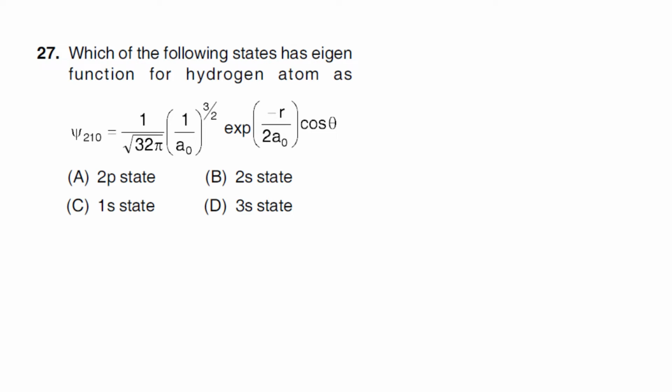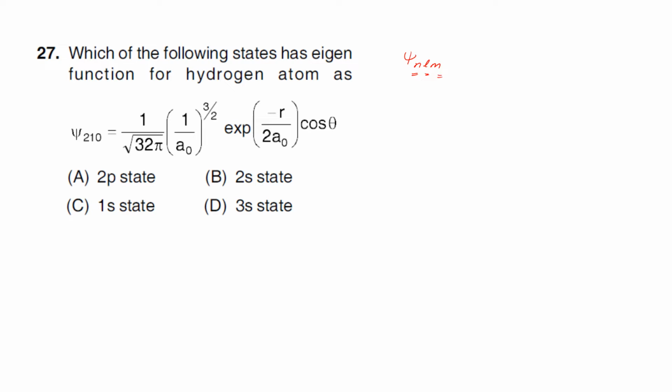Which of the following states has eigenfunction for the hydrogen atom as psi 210 is equal to 1 upon root 32 pi into 1 upon a naught raised to 3 by 2, exponential minus r by 2 a naught, cos theta. Generally the eigenfunction for the hydrogen atom is represented by psi n, l, m, where n is the principal quantum number, l is the orbital quantum number and m is the magnetic quantum number.